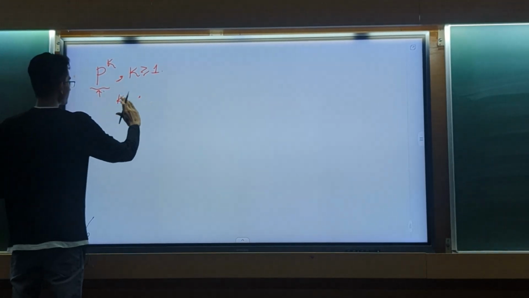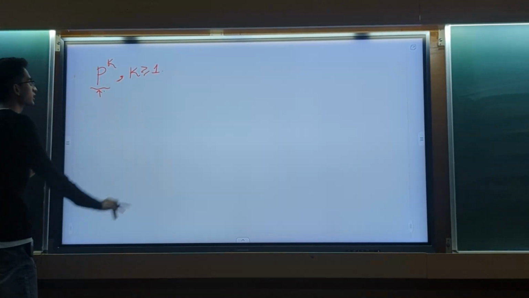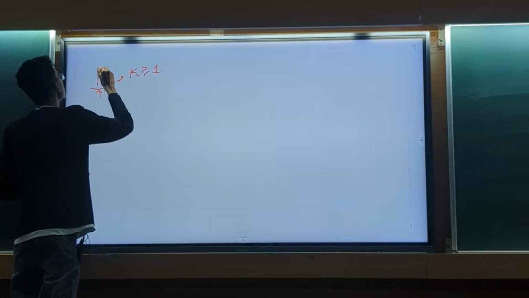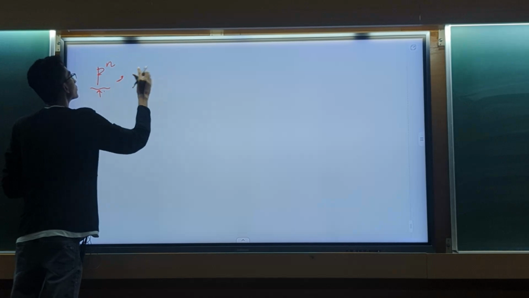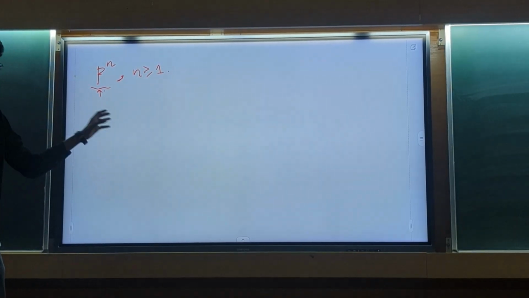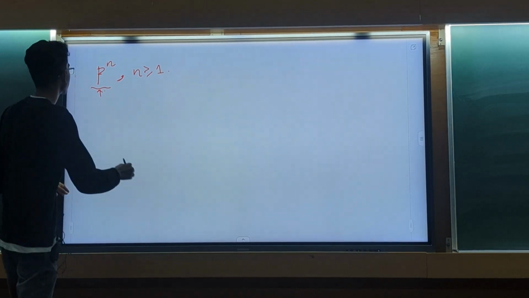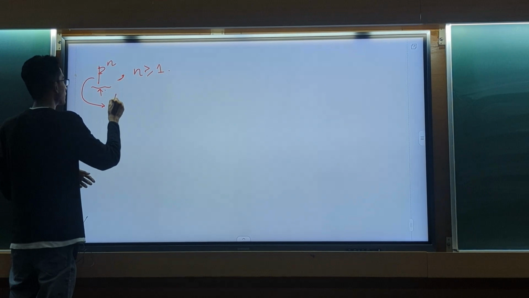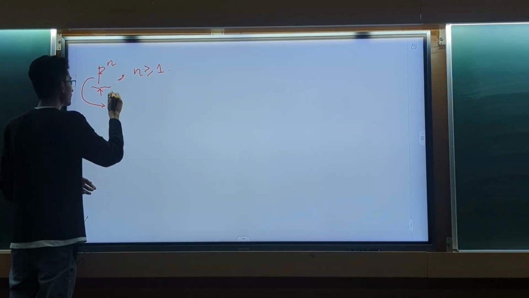So for bigger n, you can actually look at polynomials in F_p.